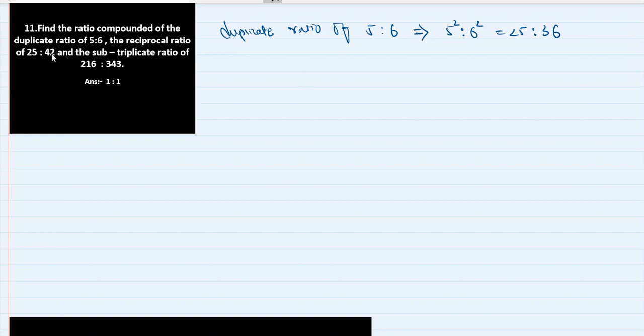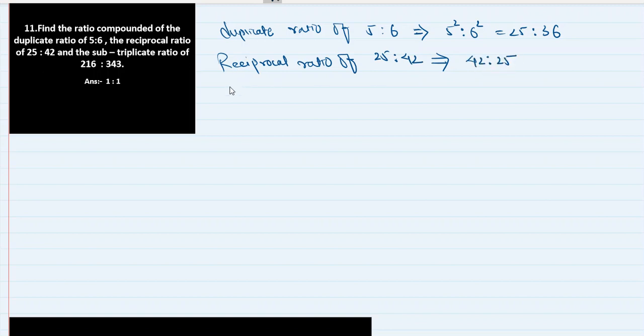Reciprocal ratio of 25 is to 42, which is 42 is to 25.